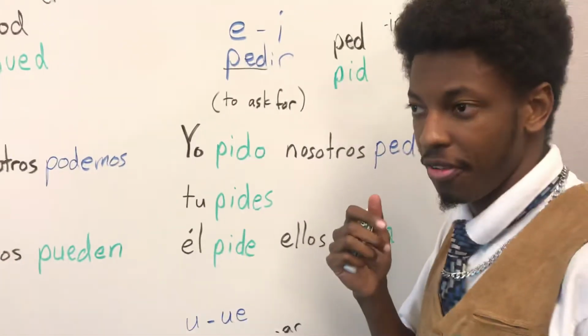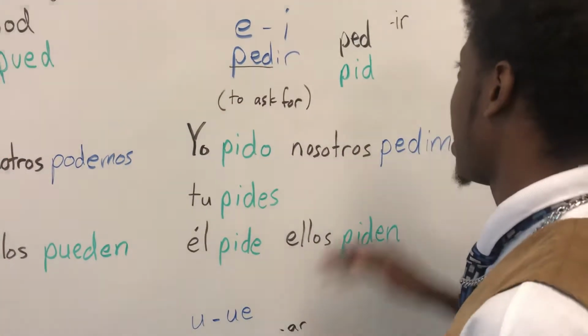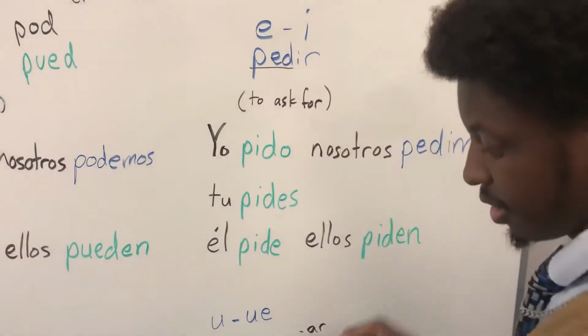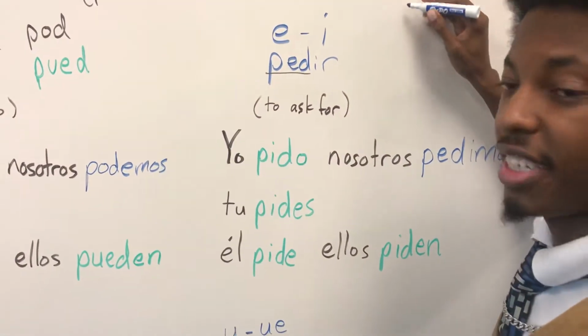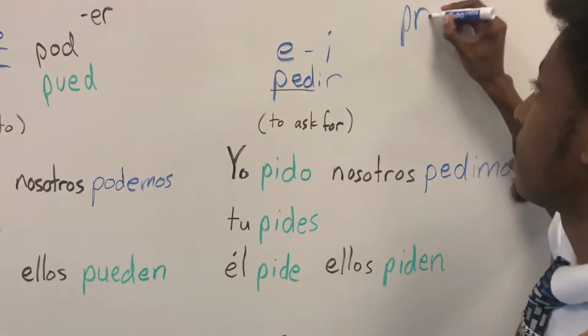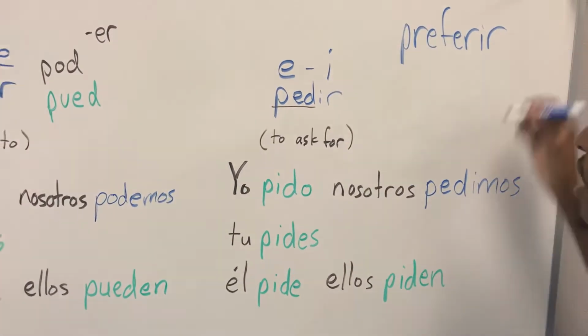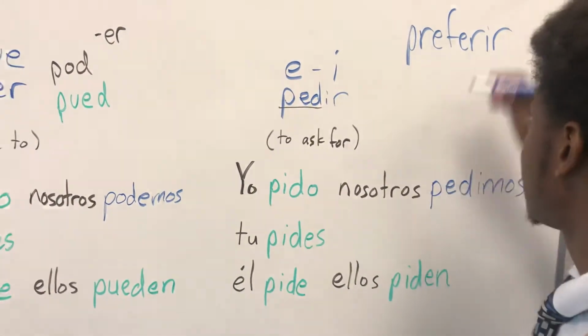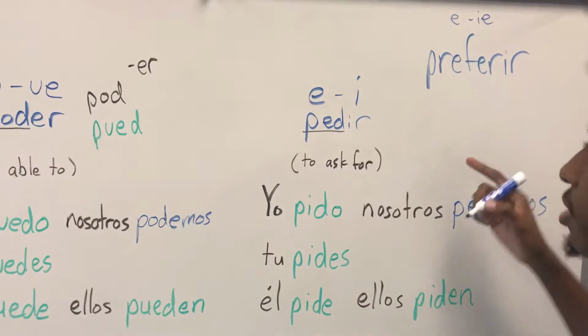Now, we have a problem here. What if, let's say you have the word preferir. And this word is an E to IE stem changer.